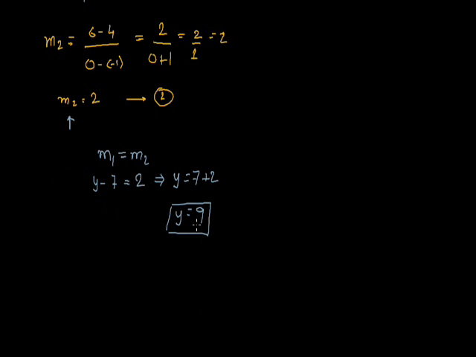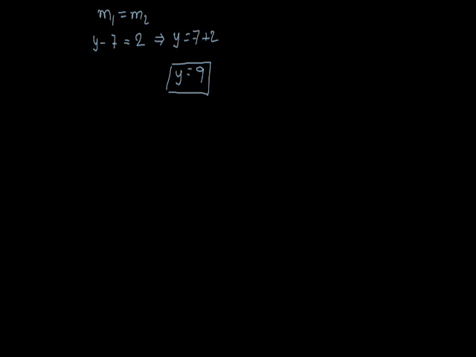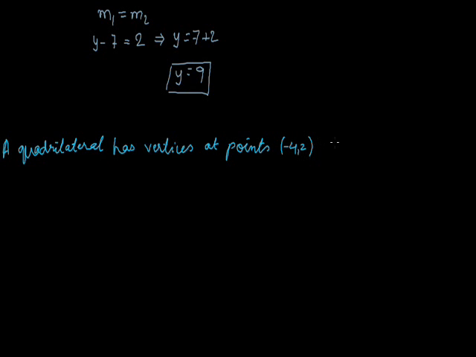Moving on to the next pattern of questions, wherein the question says that a quadrilateral has vertices at points. Let me write it. A quadrilateral has vertices at points. First point is minus 4, comma 2.